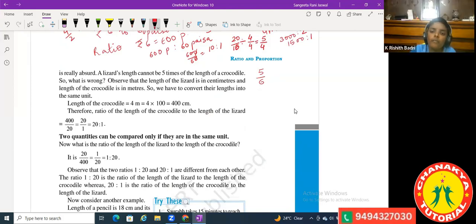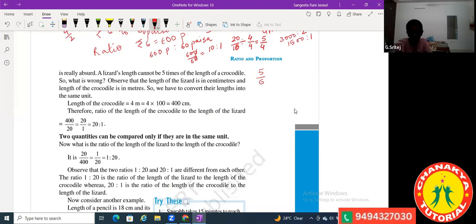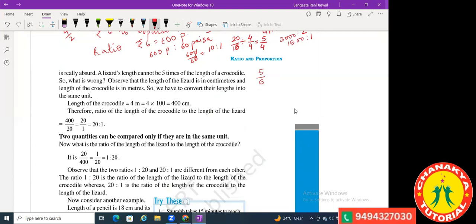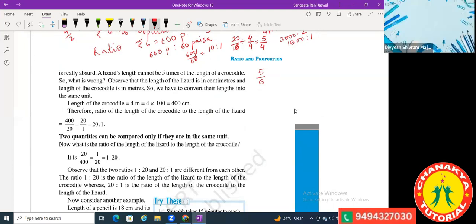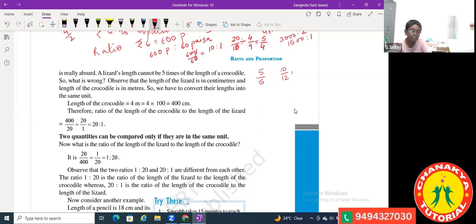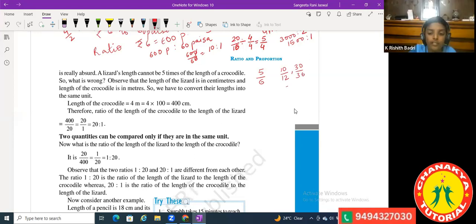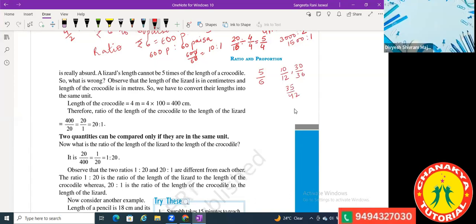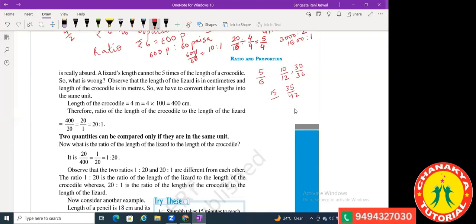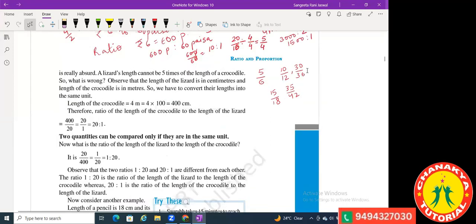Ma'am, 10 by 12, 15 by 18, 20 by 24, 30 by 36, 35 by 42, 50 by 60. Good. Yes, so you can make as many equivalent ratios of this.